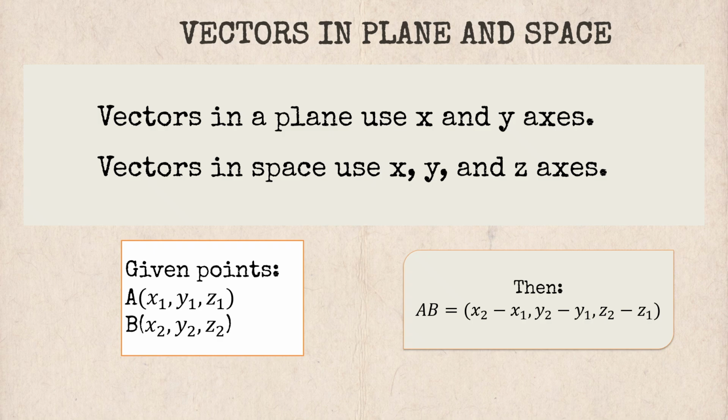Vector AB equals x2 minus x1, y2 minus y1, z2 minus z1.